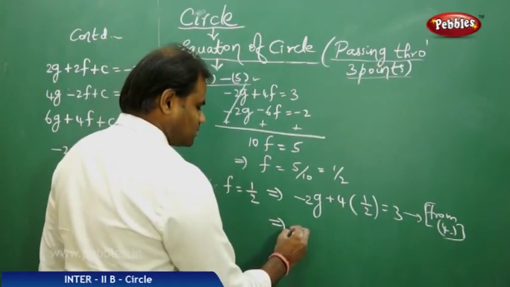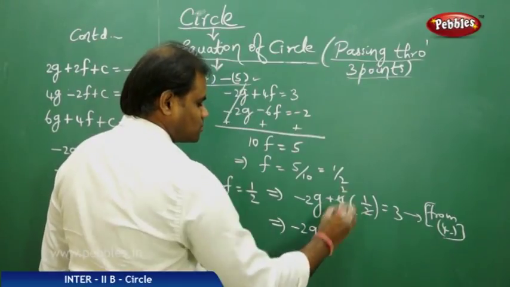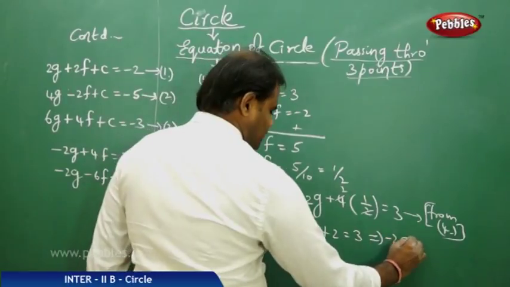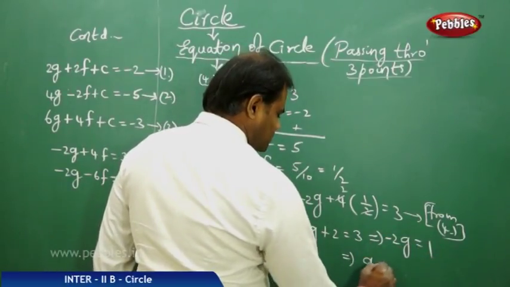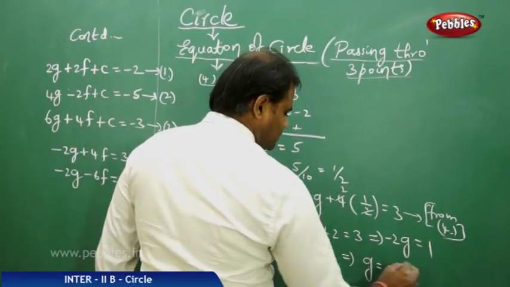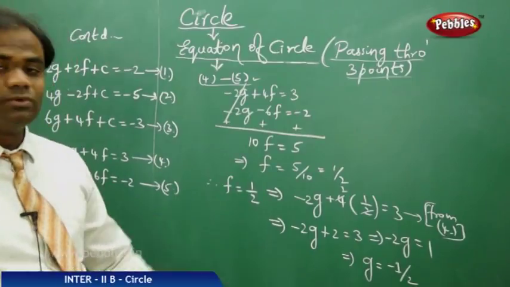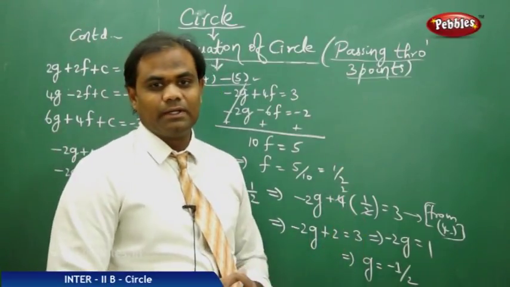Therefore, this on reducing gives me minus 2g plus 2 equals 3. That is minus 2g is 3 minus 2, which is 1. That implies g is minus 1 over 2 and f is 1 over 2. And then substituting these two in one of the equations gives me c.